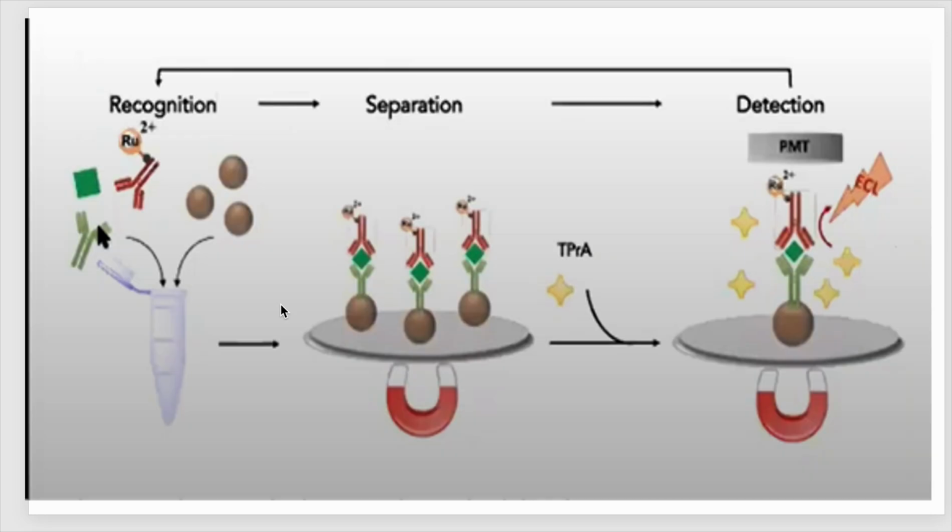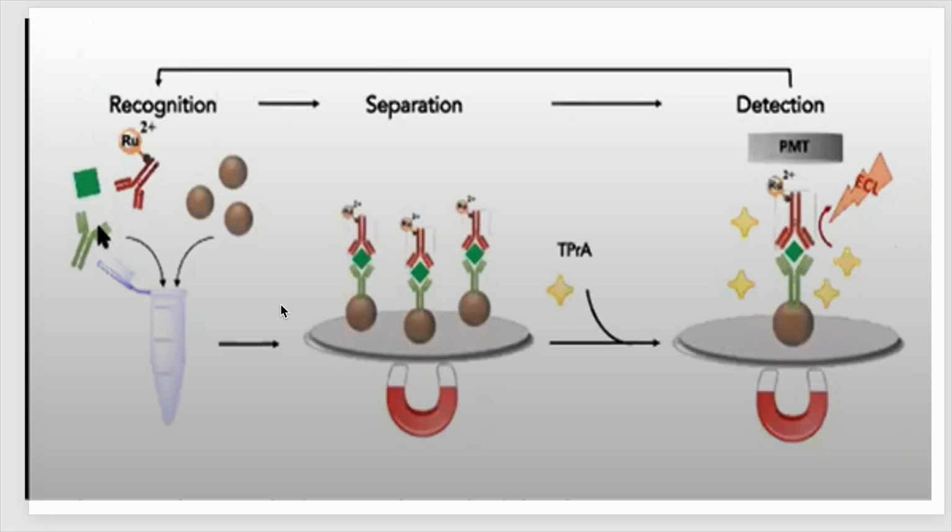In a basic reaction, things go step by step. First is incubation, where two highly specific antibodies to the target antigen are used. The first antibody is labeled with biotin, the second one with ruthenium.